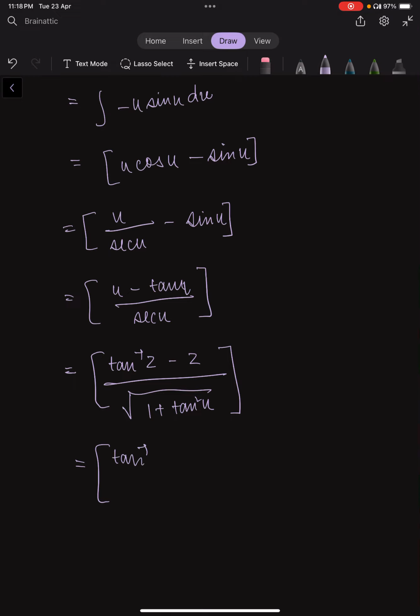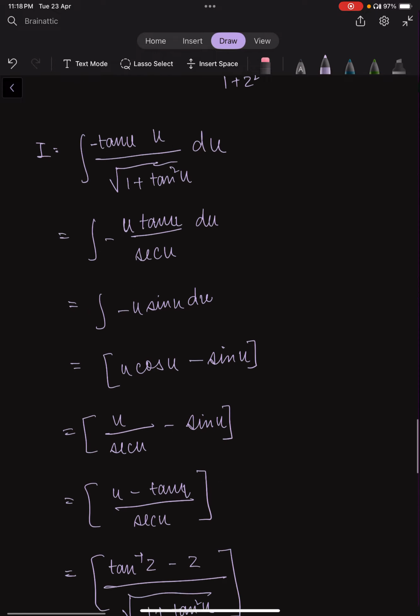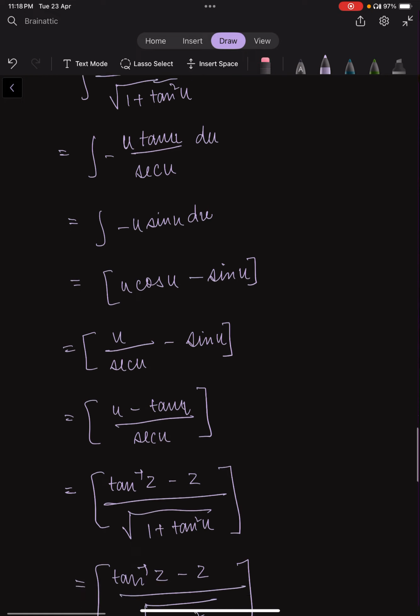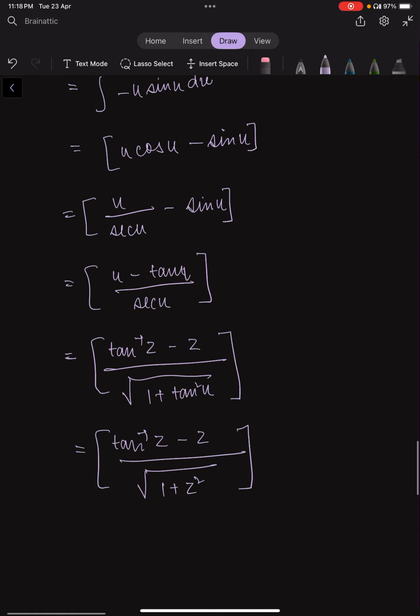So we have tan inverse z minus z by root under 1 plus z square. Tan inverse of z is u and tan square u is z square. Next, we can replace z with x cube.